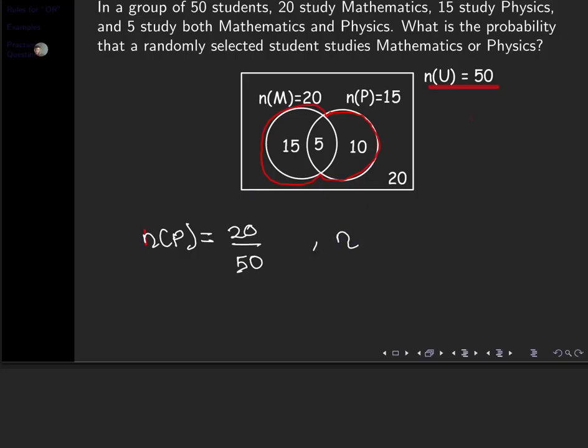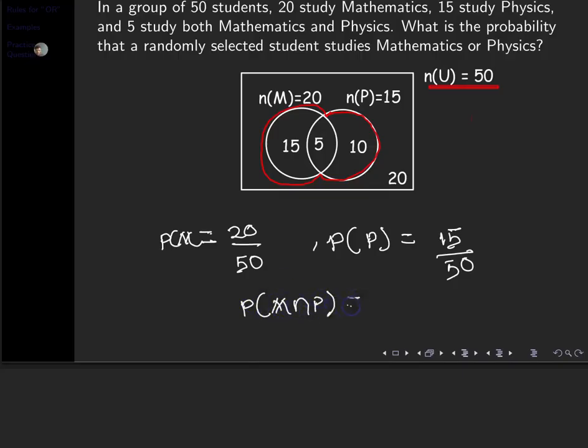Probability, you are not supposed to bring this n here. So that is the probability of maths. Then the probability of physics. We look at the people studying physics, 15. So 15 all over the 50.